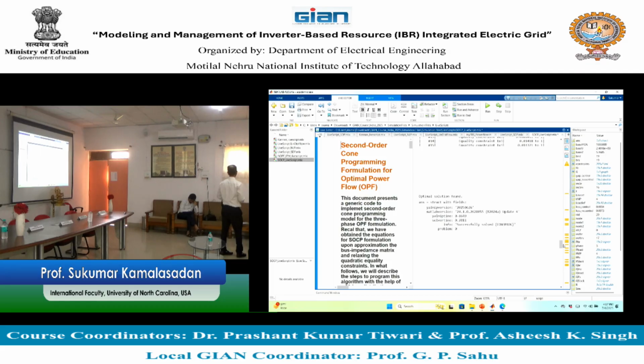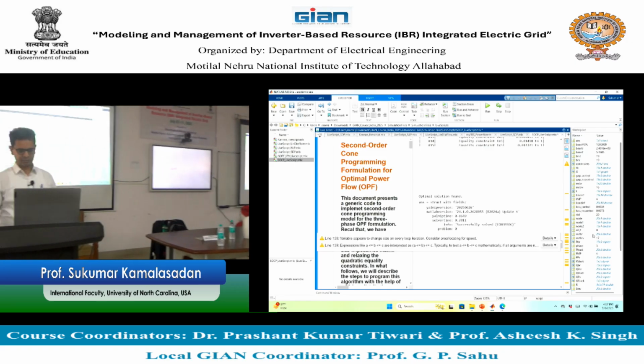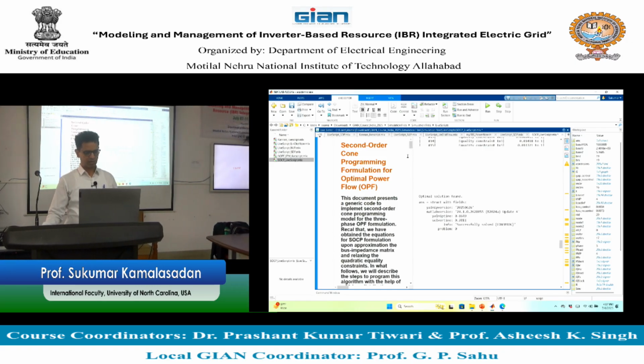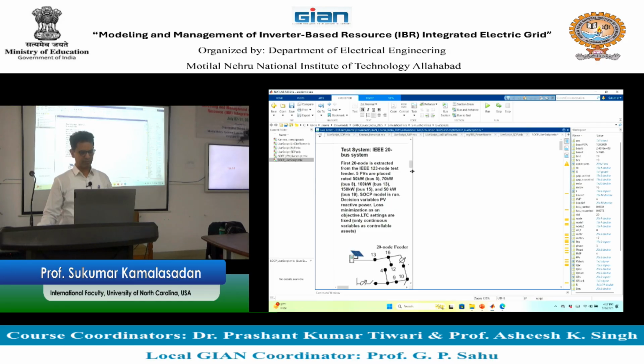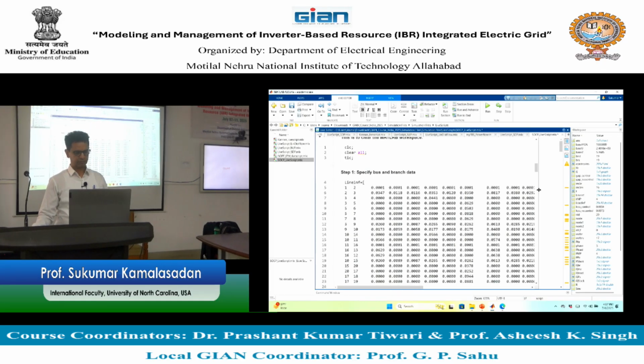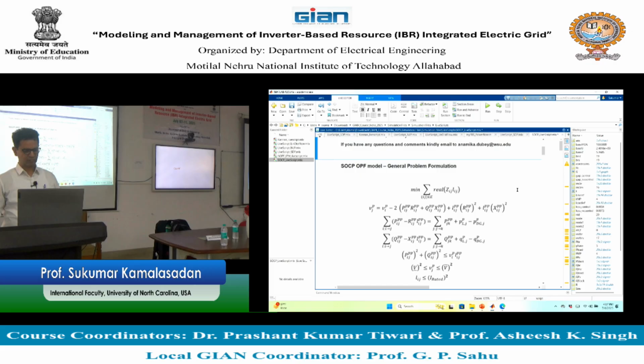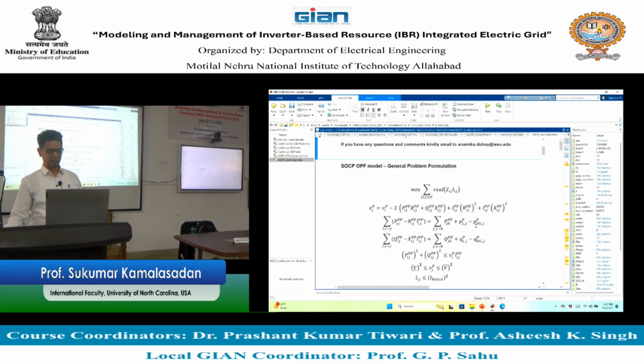So the coneprog solver is available in here. So solving with coneprog, the solver time, optimal solution reached after a successful solution from the solver. So you can see in the SOCP formulation, this is the SOCP formulation.